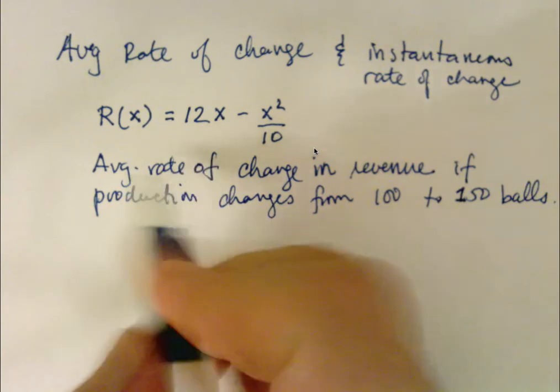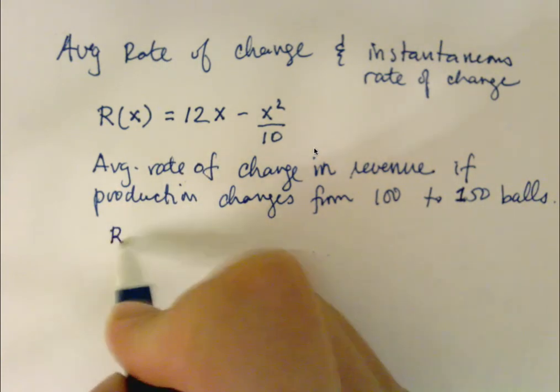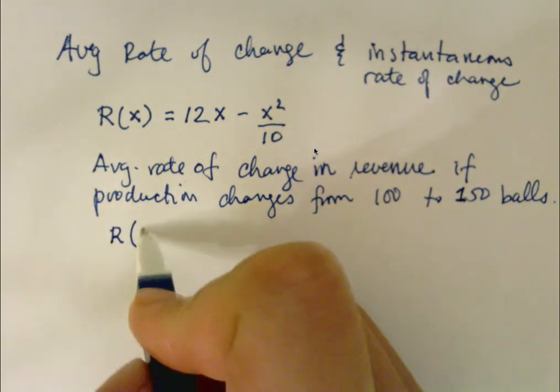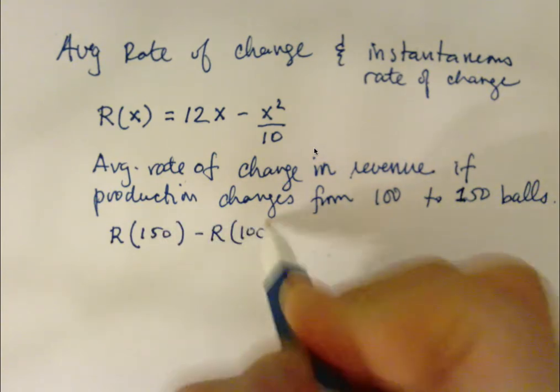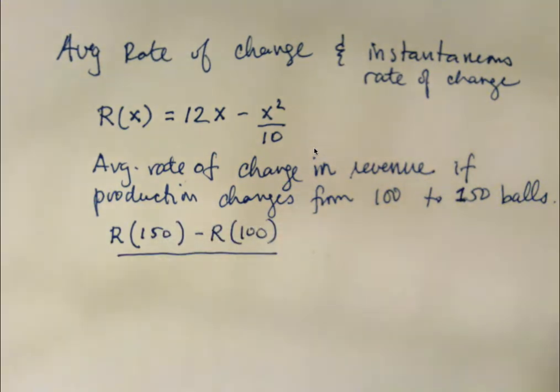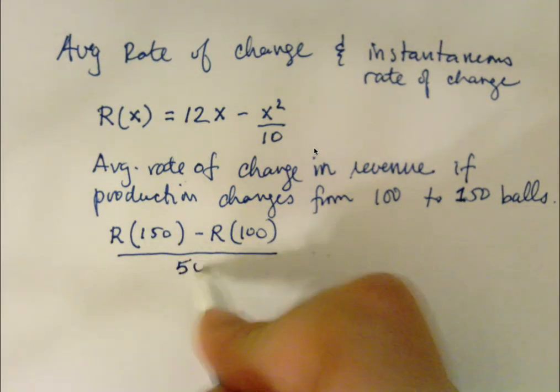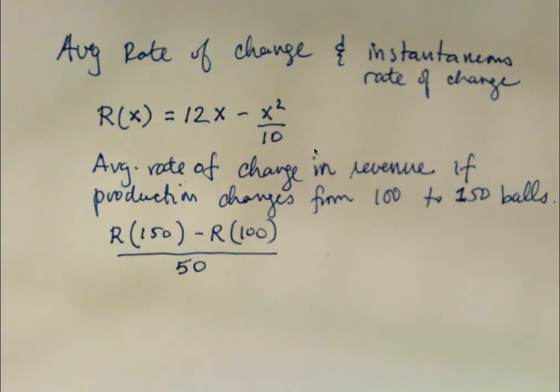We would just evaluate R of 150 minus R of 100, over the difference in balls, which is 50. And that's it. That's your average rate of change.